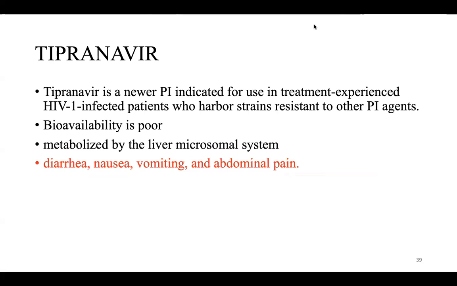The drug is metabolized by the liver microsomal system and is contraindicated in patients with hepatic disease. Tipranavir contains a sulfonamide moiety and should not be administered to patients with a sulfa allergy. The most common adverse effects from tipranavir are nausea, diarrhea, vomiting, and abdominal pain.